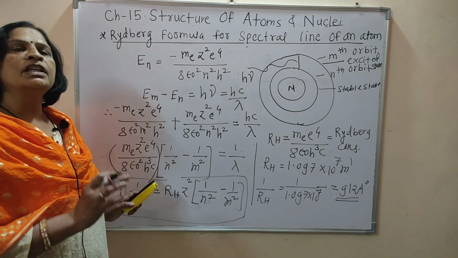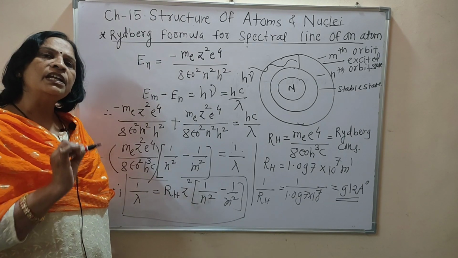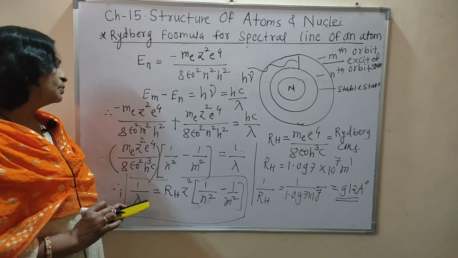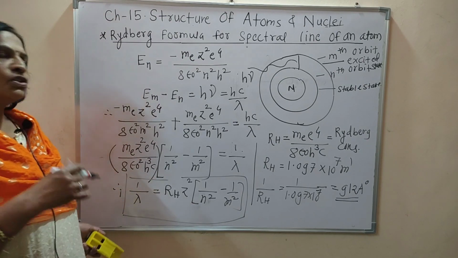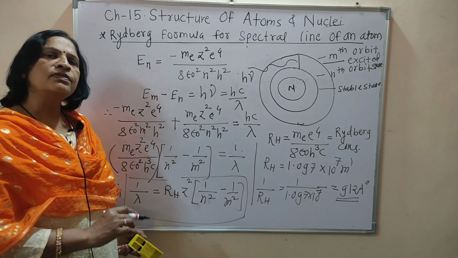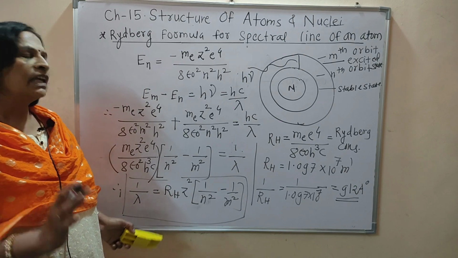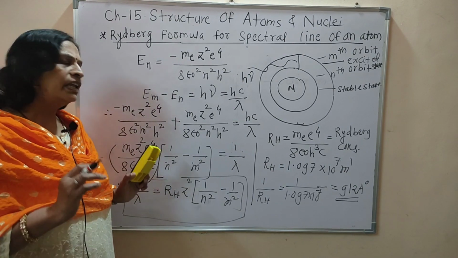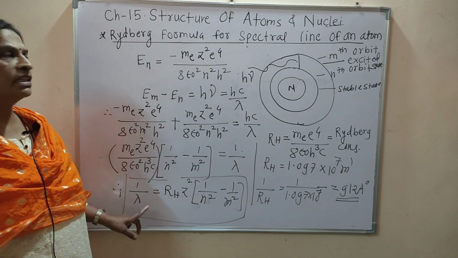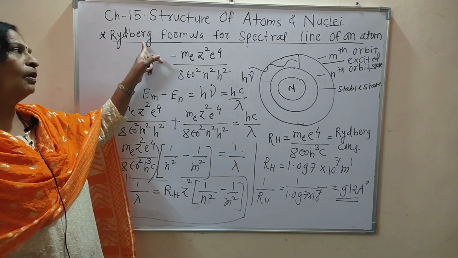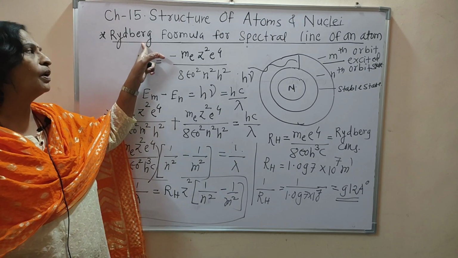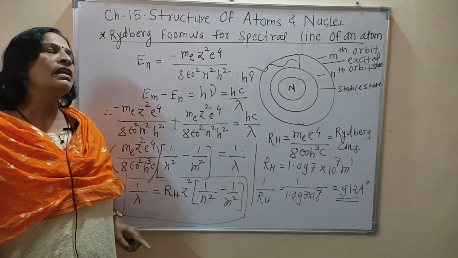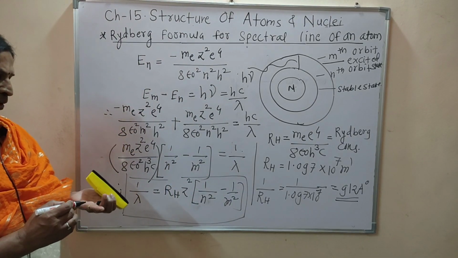Understood? This formula is very, very important, and from it the shortest wavelength and longest wavelength of any series can be calculated very easily. Therefore this is the derivation for the Rydberg formula. It is also called the Bohr formula for spectral lines of a hydrogen atom.